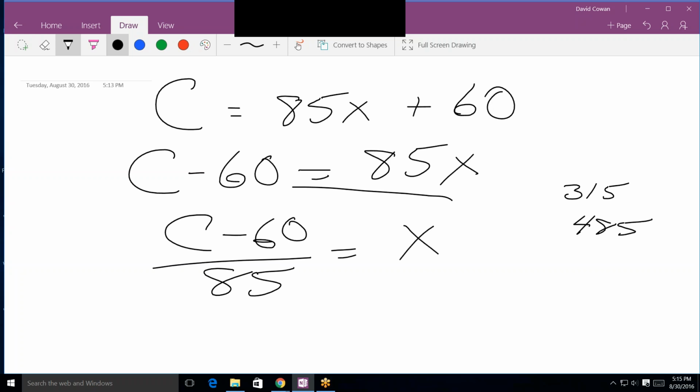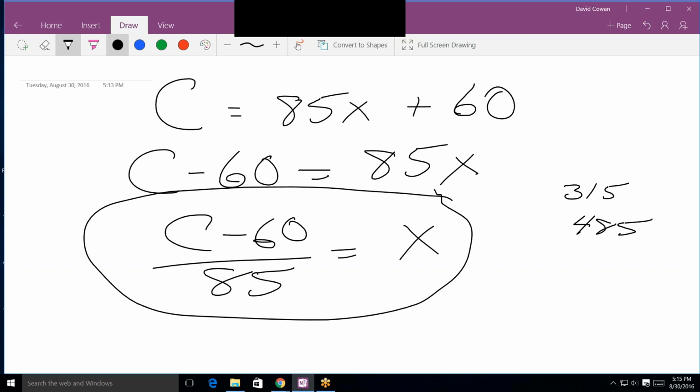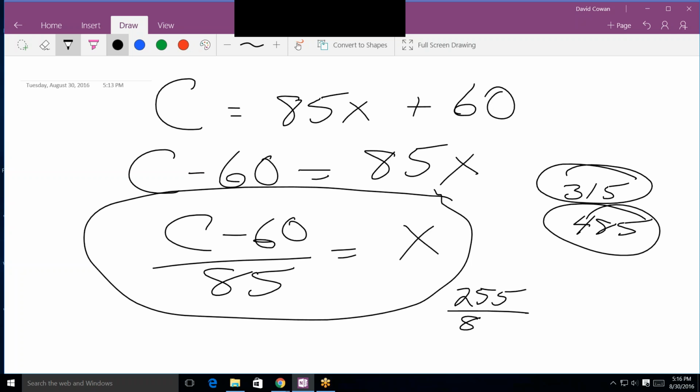We've come up with an equation that defines x as a function of cost. It's going to be 315 minus 60 divided by 85 equals x. So 255 divided by 85 equals x, that would equal 3. So if your total cost is $315, you took 3 ski trips.